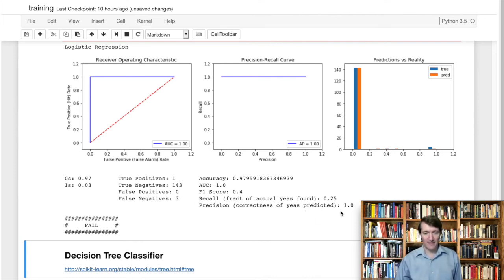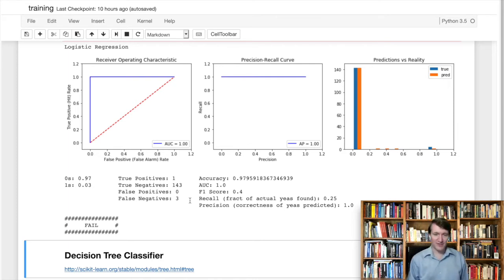So our precision was perfect. Every time we said something, school was closed, school was closed. But our recall wasn't so great, okay? Our recall was actually kind of poor. Only 25% of the time do we actually find those closed days. So that's our false negatives there. Those are things we called negatives, but should have been positives.